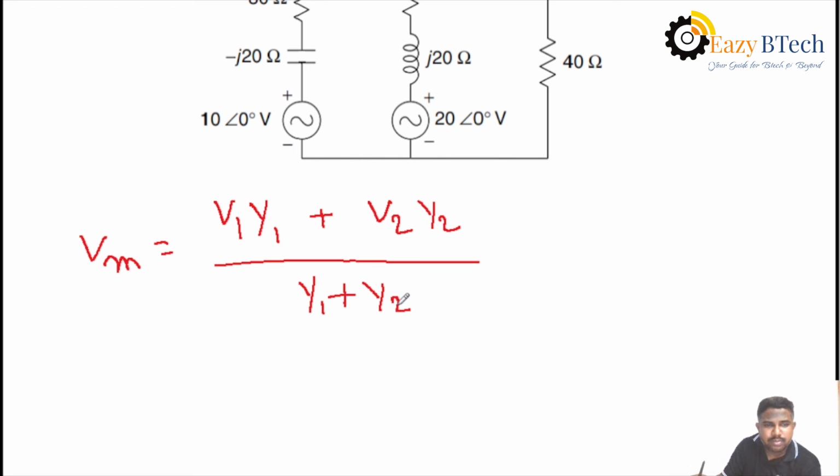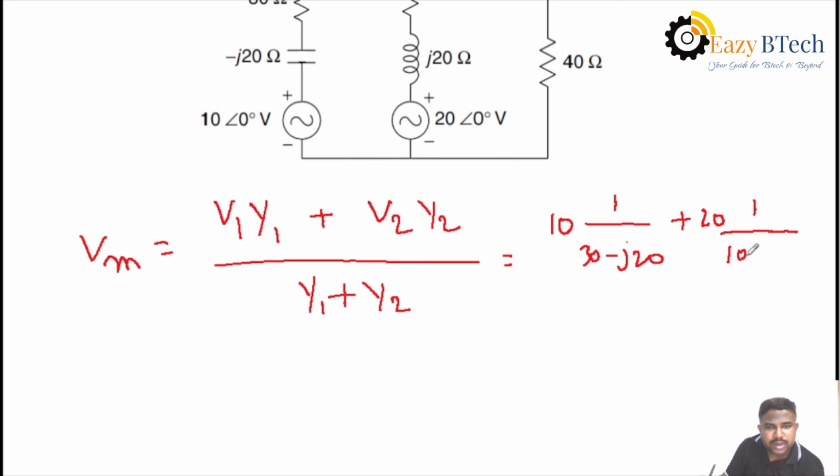In this problem, the value of V1 is 10. What is the Y1 value? 1 by Z1, that is 30 minus j20, plus V2 value 20 into Y2, that is 1 by Z2, which is 10 plus j20.